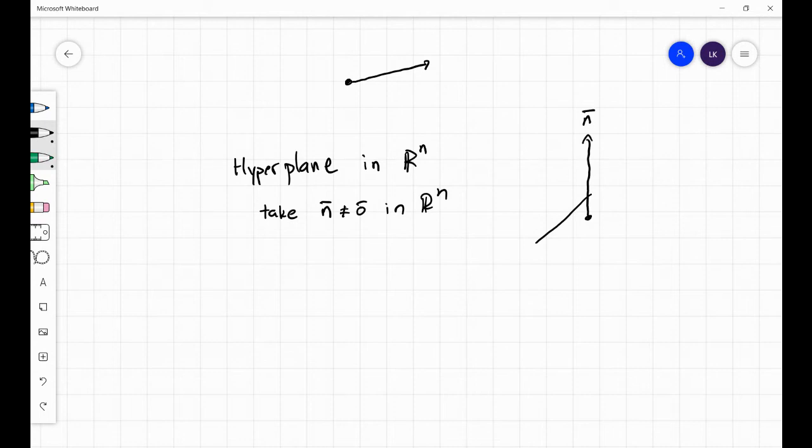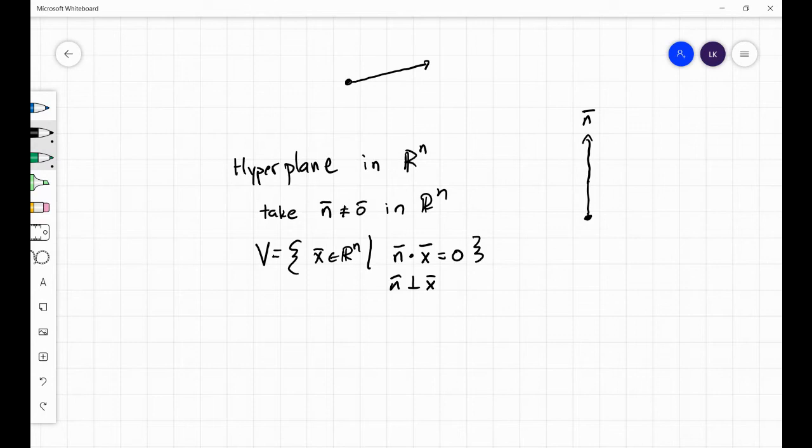I'm using n because the typical language is that it's a normal vector to a plane, hyperplane. And you then define the plane, let's call it V, as the set of all points x in Rn that are perpendicular to this one vector. So in terms of dot product, that means the dot product is 0.